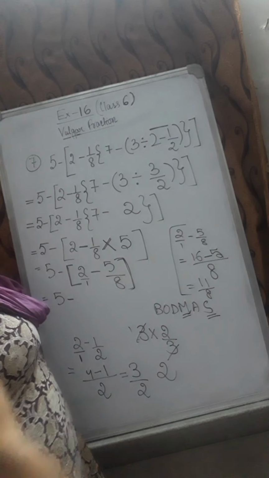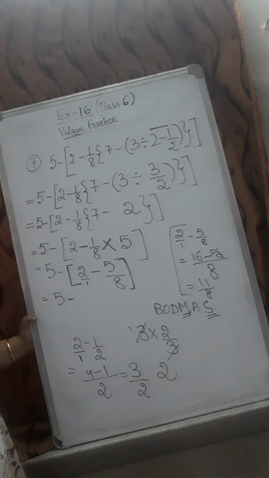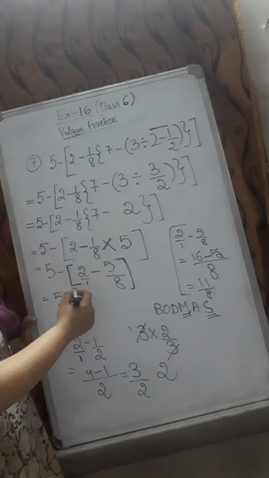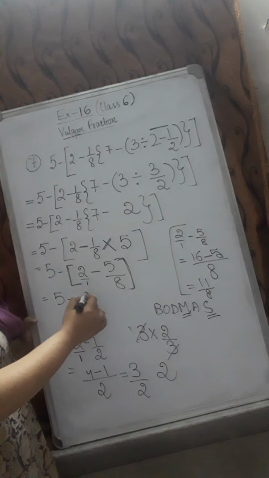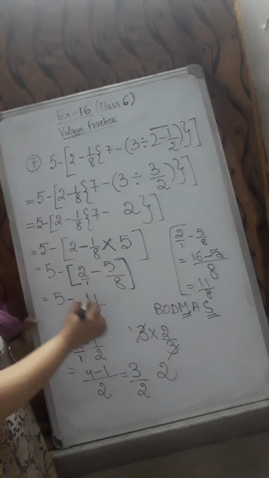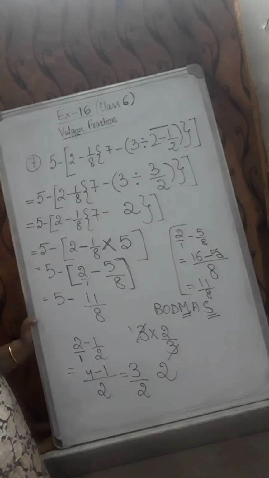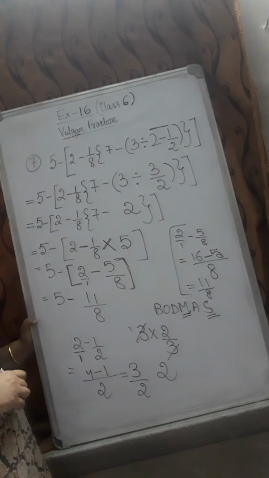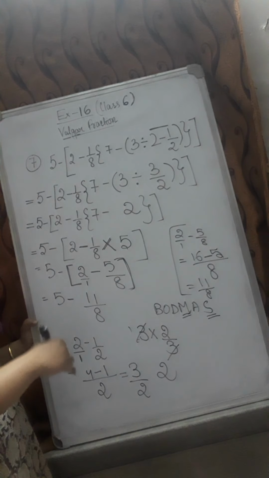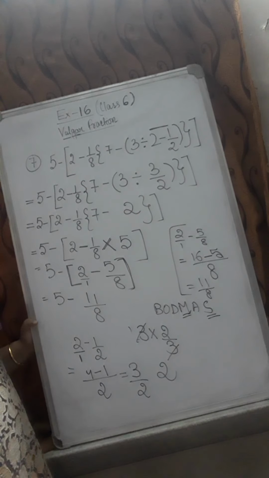So the answer of this subtraction is 11 by 8. When we have already solved the third bracket, it will be 11 by 8 and we don't put the bracket any longer. And at the end, we solve the last portion, that is 5 minus 11 by 8.